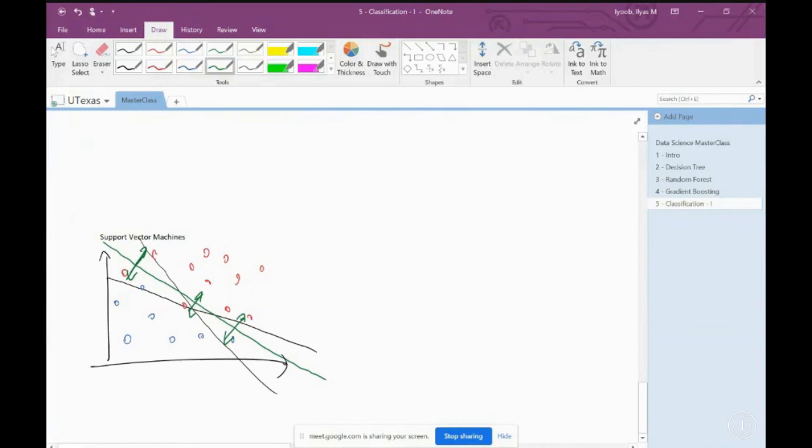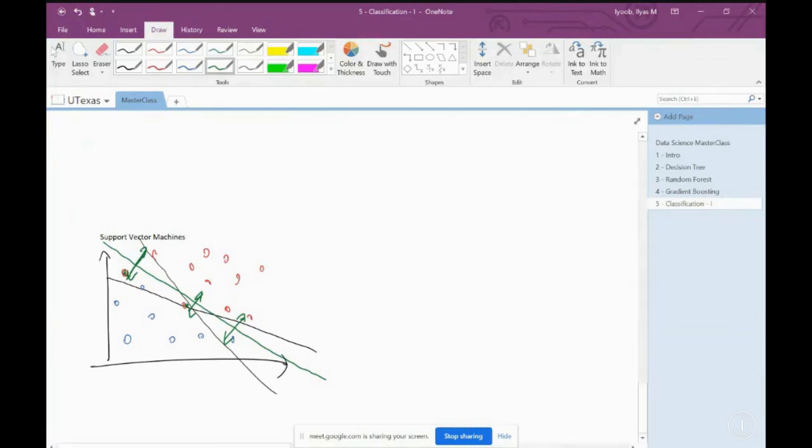Yeah, we know that there's some points on this side that should be on that side, and there's some points on that side that should be on this side. But we're going to assume those are anomalies. So we're going to assume this is an anomaly. We're going to assume this is an anomaly. And now we can draw this very clearly, that clearly separates out one from the other.